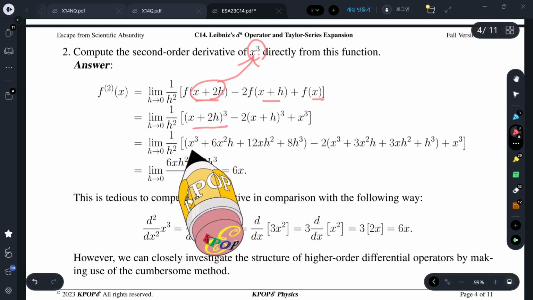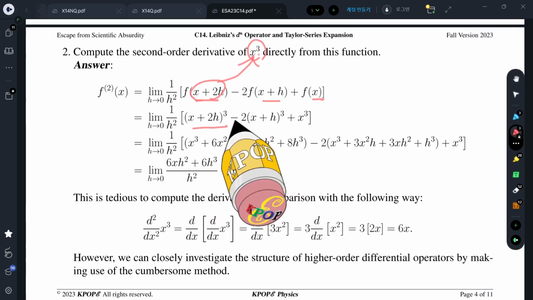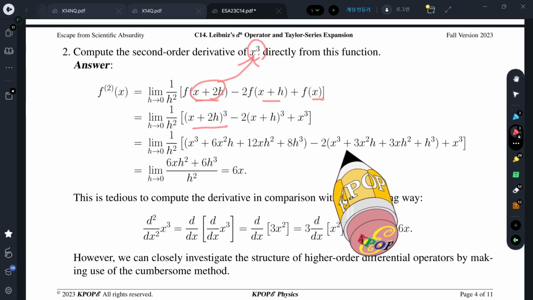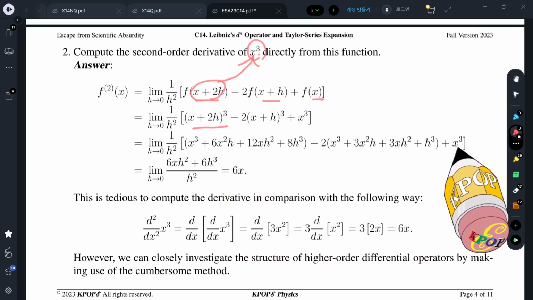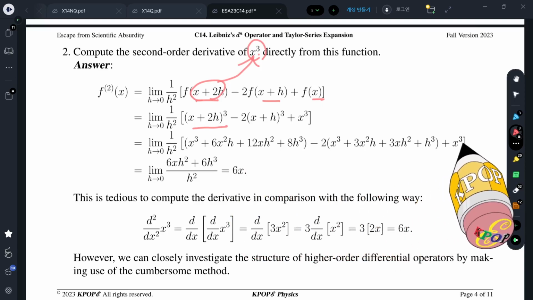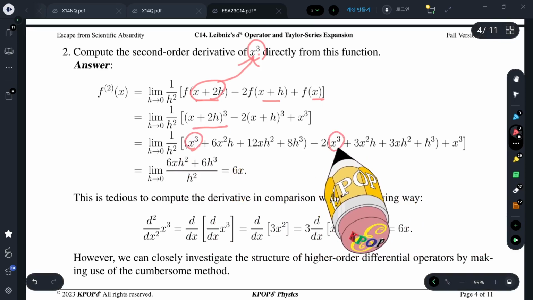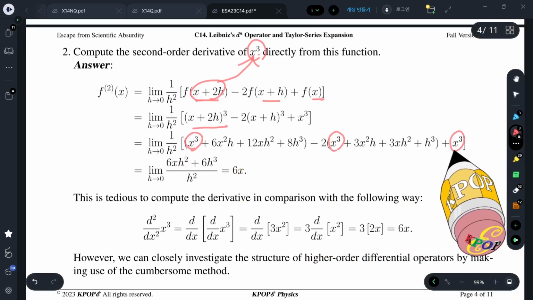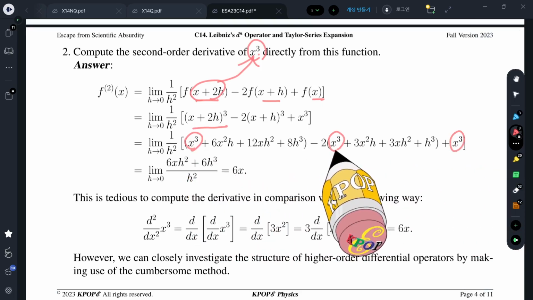Expand: 1, 6, 12, 8. Here expand: 1, 3, 3, 1. We know all the powers. And x cubed. You can find the leading piece without h dependence. They cancel exactly: 1, 1, minus 2.